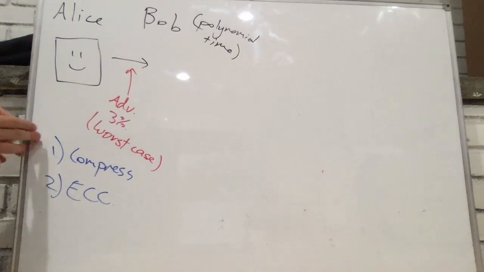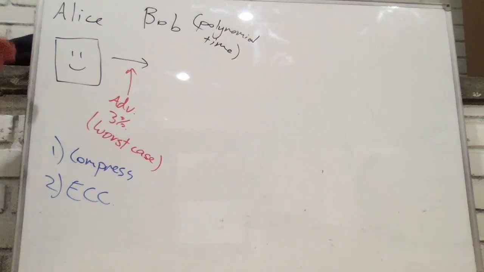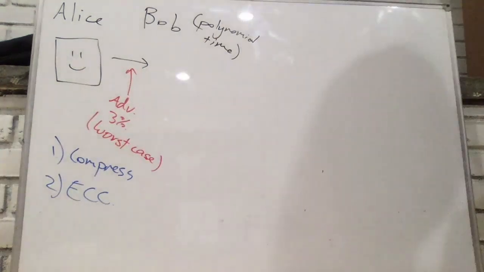But when you view compression and error correcting codes together, you're able to get much better rates. So the idea is, instead of viewing compression as a problem and error correcting codes as a problem, we view kind of for what types of data can we do these both together, and see for what types of data we can achieve something better by doing them both together instead of doing one and then the other. So that's kind of at the very high level what the idea is.